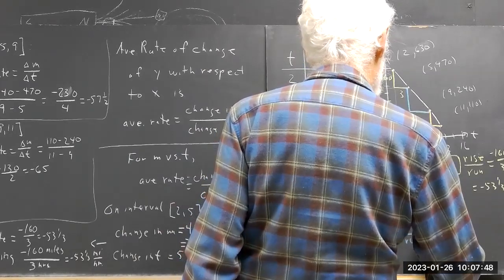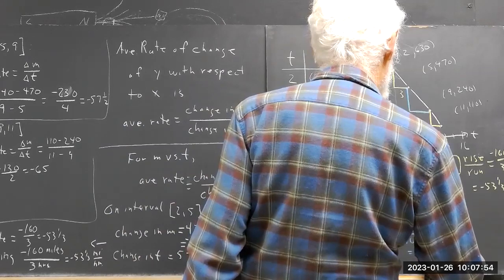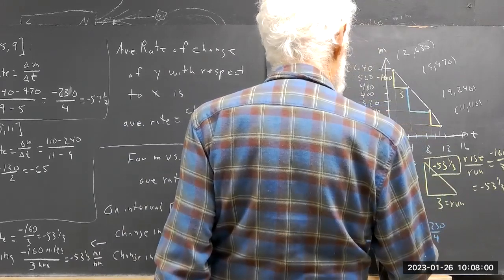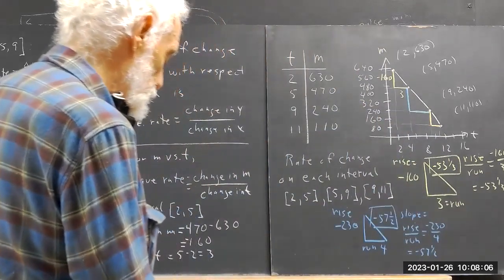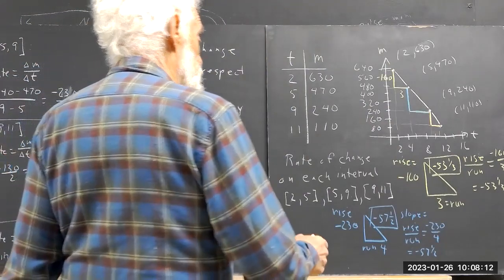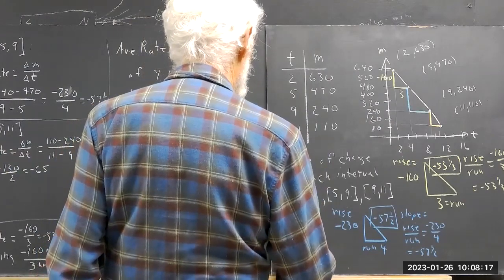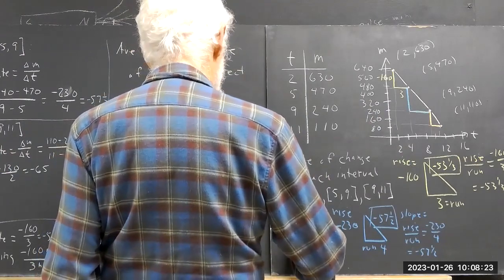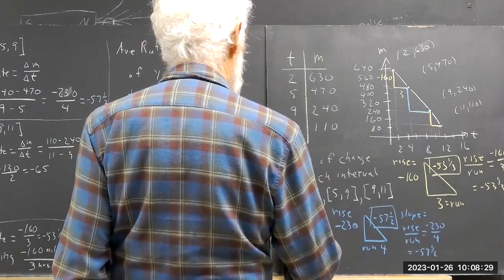Slope is rise over run: -230 over 4, -57 1/2. We do this, and on the last one, let's put the numbers. Got 2 here, -130 here, and you're going to have -65 here.